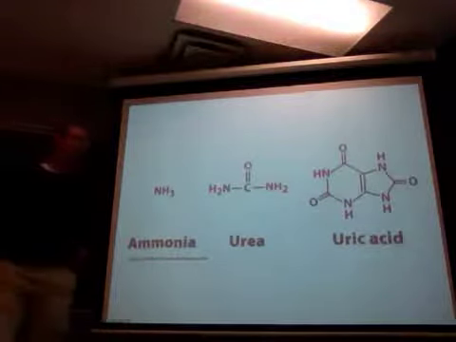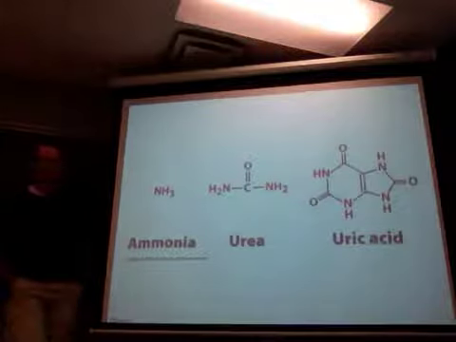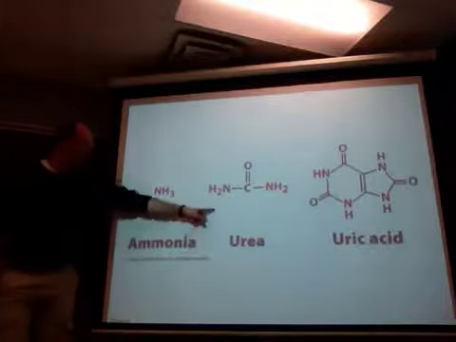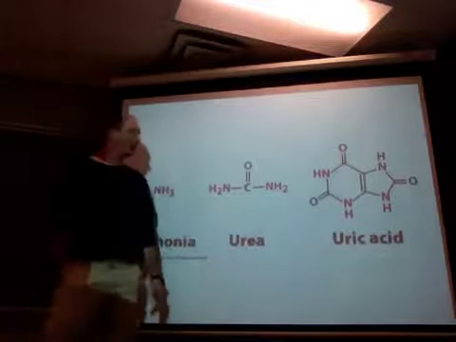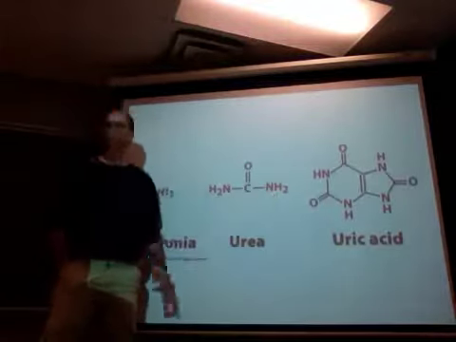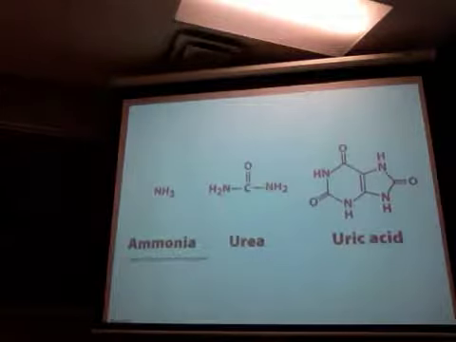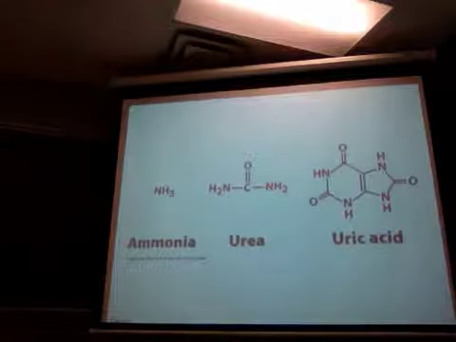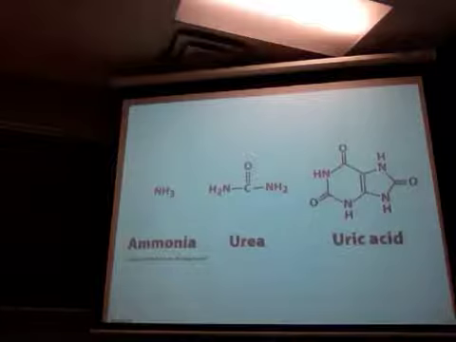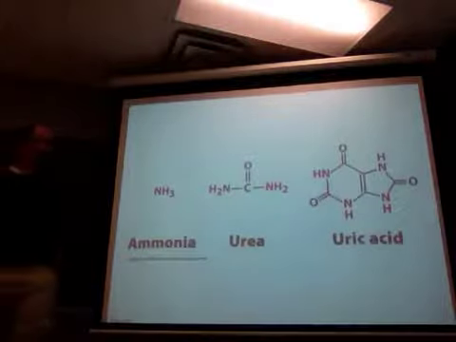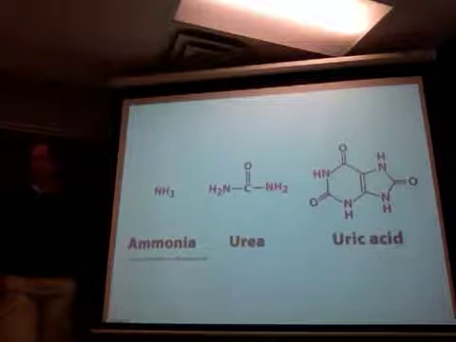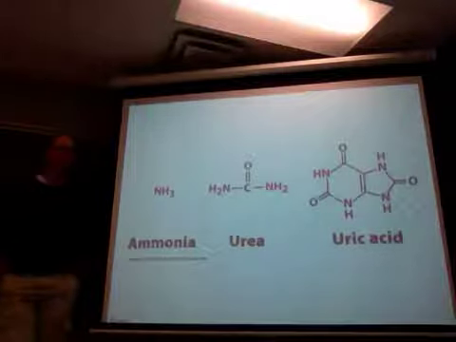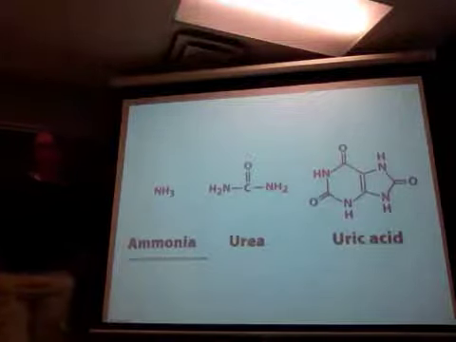Now, for most mammals, that form is urea. And you can see for every molecule of urea, we can get 2 equivalents of ammonia nitrogen incorporated, okay? Urea does take some water to excrete. It is water soluble. And so some water goes with the urea.